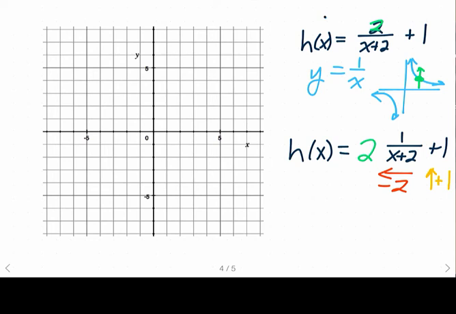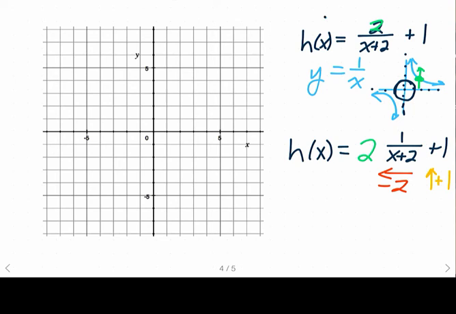Now, we haven't really mentioned this at all, but the reciprocal function has a vertical asymptote along the y-axis and a horizontal asymptote along the x-axis. The only reason I'm mentioning it is that it gives me my handle, which is where the two asymptotes intersect, the origin. We'll see more about asymptotes down the road, but for now, we'll just say that they're guides to show us how to draw the graph.